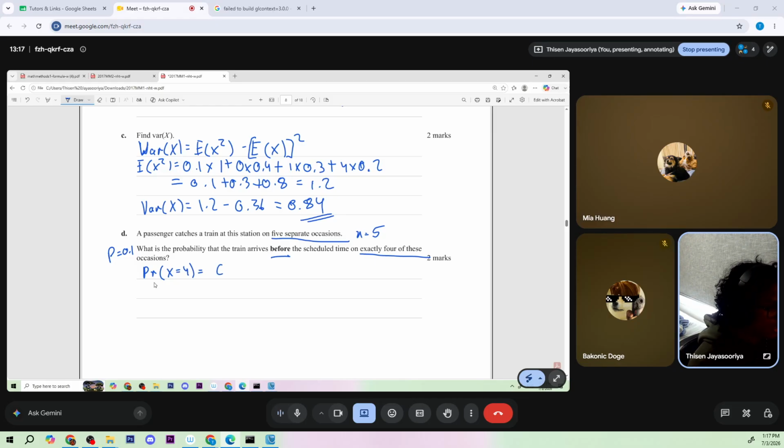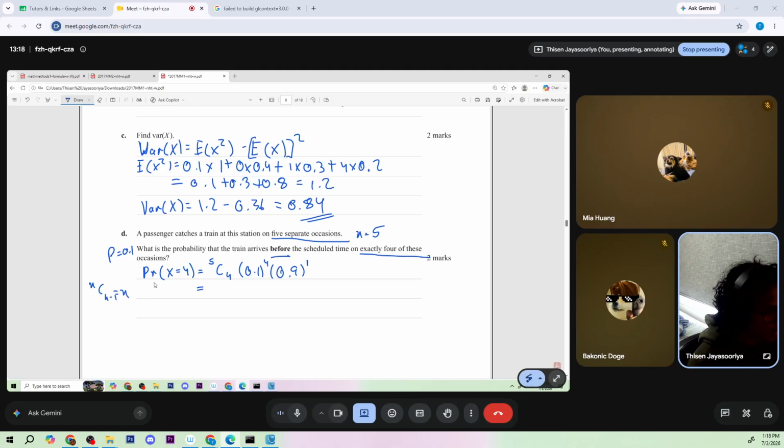Which is equal to 5 choose 4 times 0.1 to the power of 4, times 0.9 to the power of 1. Here, 5 choose 4, if it's in the form n choose n take away 1, the answer is always just going to be n.